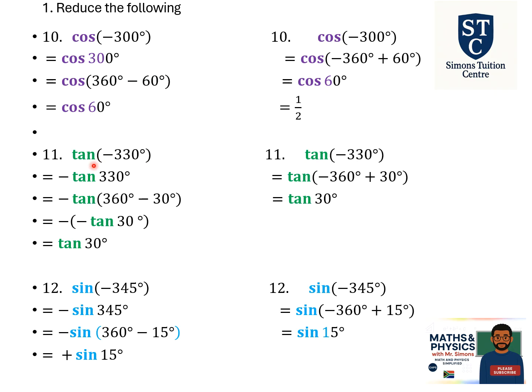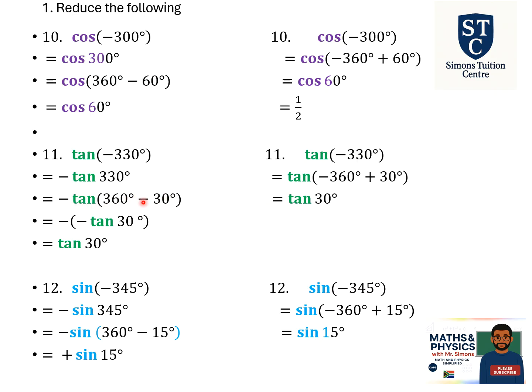Then I have tan negative 330. If you take it as a negative angle, fourth quadrant, tan is negative, so it becomes negative tan 330. 330 can be reduced to 360 minus 30, which gives me 330. 360 minus is in the fourth quadrant.